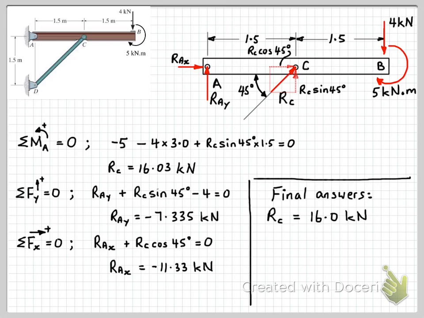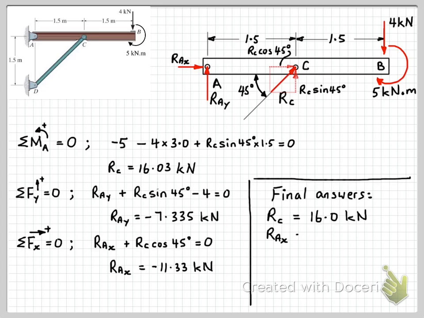Sometimes you can get better than 3 significant figures, but as a general rule, if you're not taking extra effort to make sure that your input values are known to better than 3 significant figures, then always round to 3 significant figures.